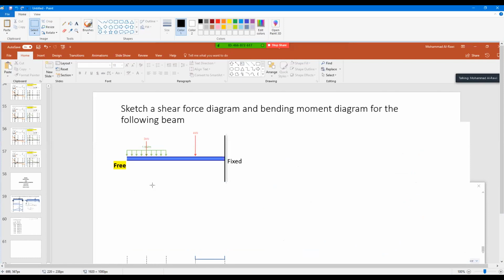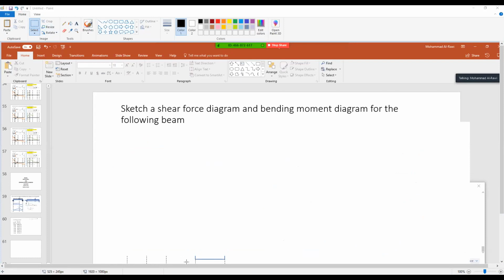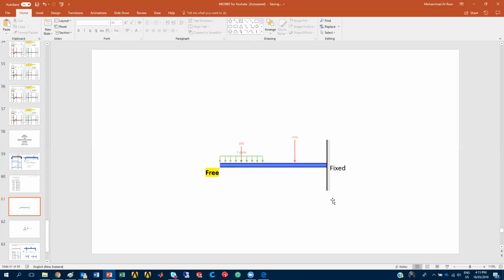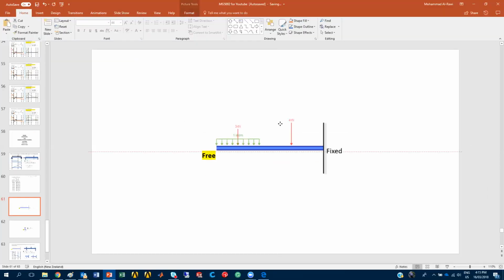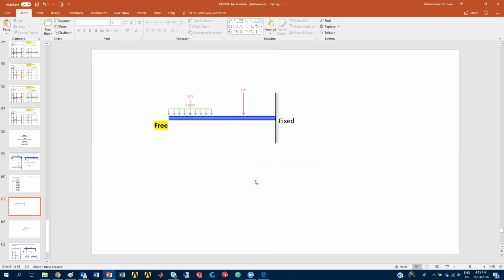Now, this distance... just 1 second, because I'm changing from one screen to another screen. So, okay, this is the question. I got it here, so no problem.